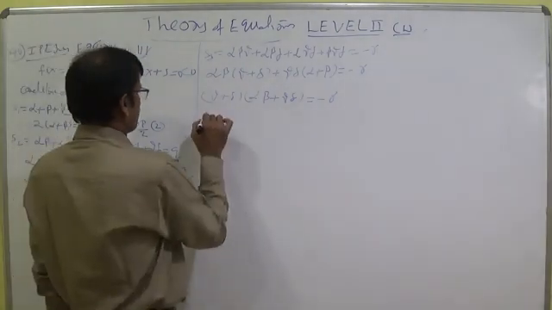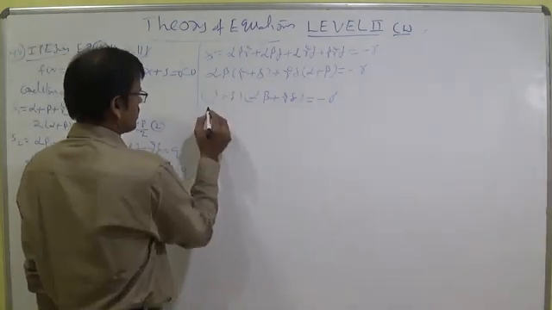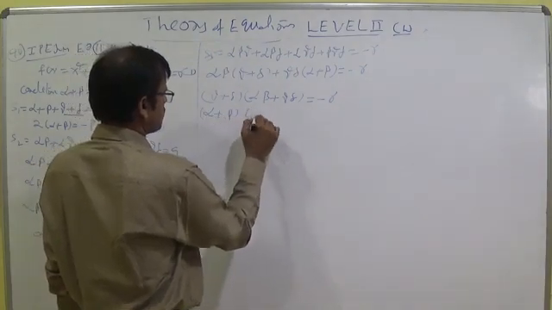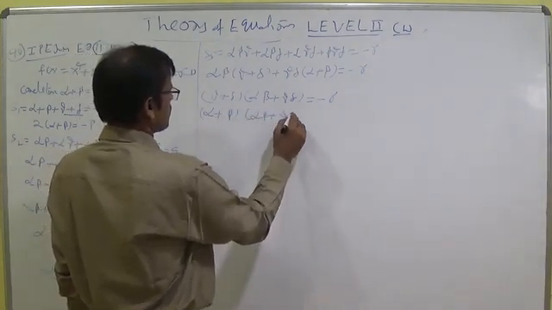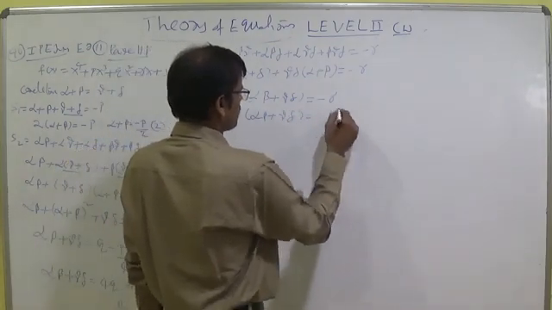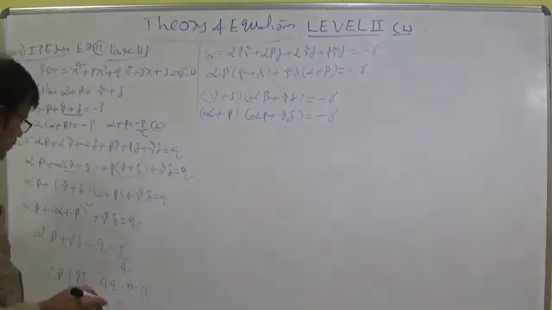Now from 2, next step I am writing gamma plus delta is nothing but alpha plus beta into alpha beta plus gamma delta is equal to minus R.